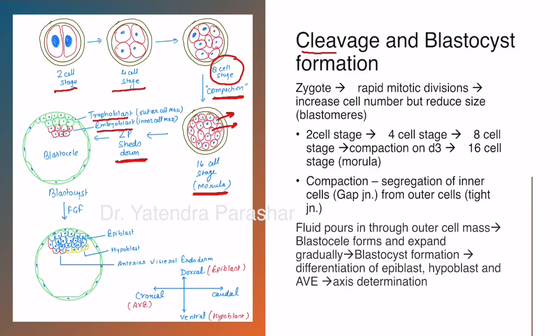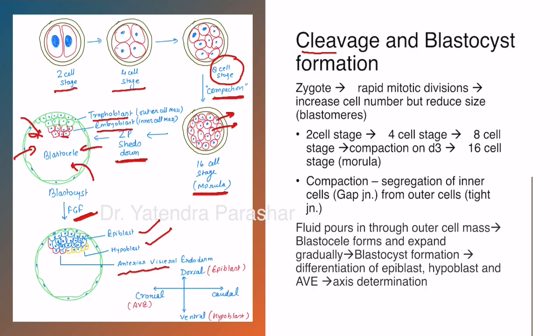There is influx of fluid from the outer cell mass, and it forms the blastocele and gradually expands, and this is known as the blastocyst. And this blastocyst, under the influence of fibroblast growth factors, differentiates the inner cell mass into the epiblast, hypoblast and anterior visceral endoderm.